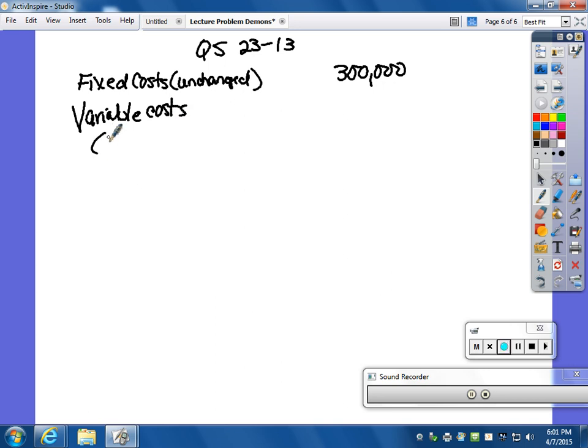So if our variable costs, we got 246,000. You would need to divide that by the 24,000 units, right? Which is going to equal what? $10.25.